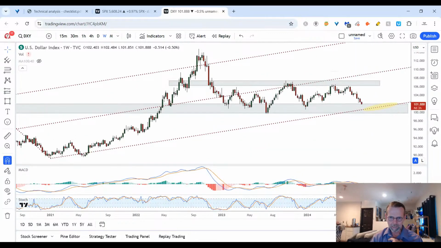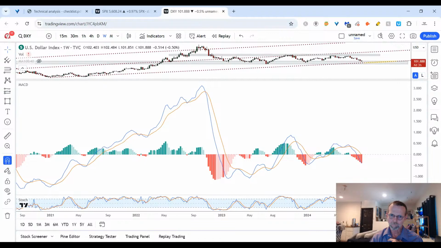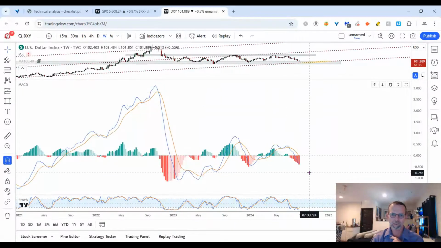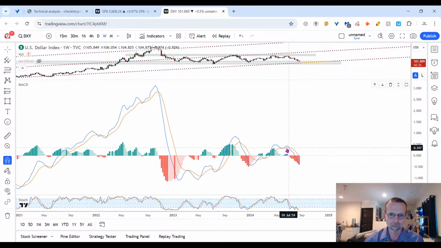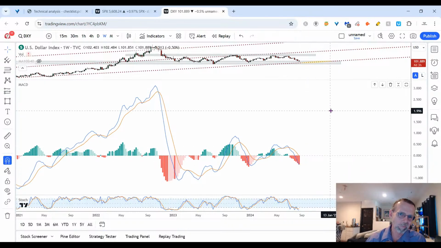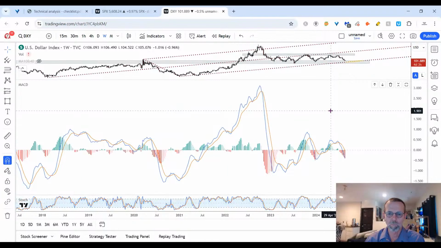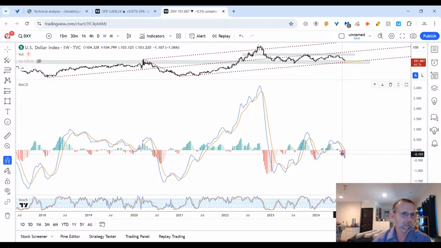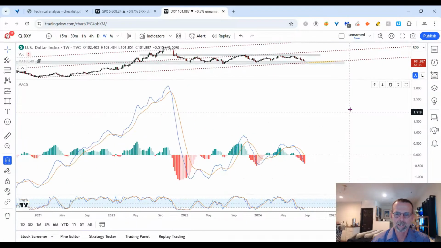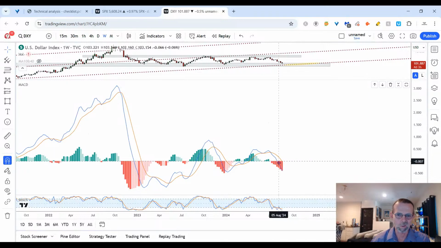MACD again in the weekly time frame, we can see that both lines of the MACD indicator are below the zero level, indicating bear mode. And so primary trend in the monthly time frame still to the upside, but here in the weekly time frame, primary trend is to the downside based on MACD being in bear mode.